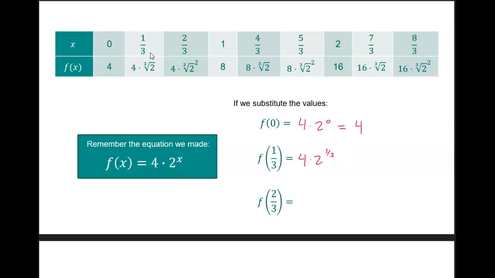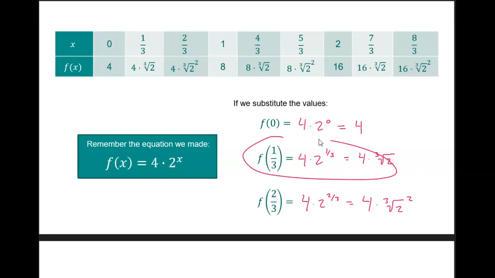Well, that's going to be the value at 1/3, which is 4 cube root 2. Our value at 2/3 is 4 times 2 to the 2/3, which is 4 cube root 2 squared.